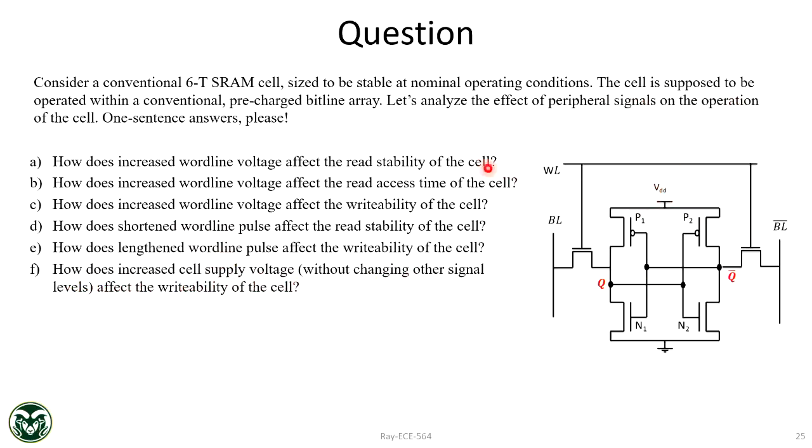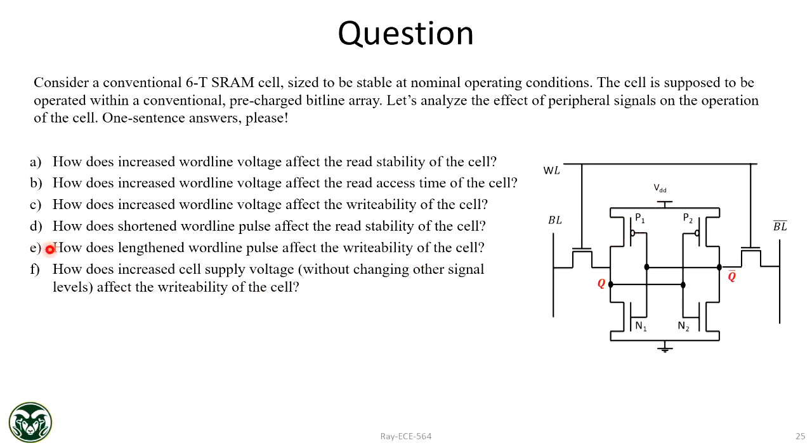Your nominal voltage is 1 volt, and everything, bit line and word line, will be operating at 1 volt. VDD, you are increasing to 1.2 volt, 1.3 volt, suppose. How does increased cell supply voltage, without changing other signals, affect writability of the cell? This will make the PMOS stronger, so it will affect in a negative way. This is the conceptual thing.